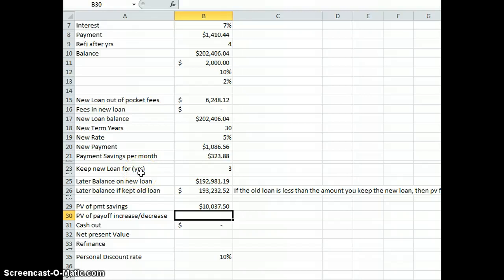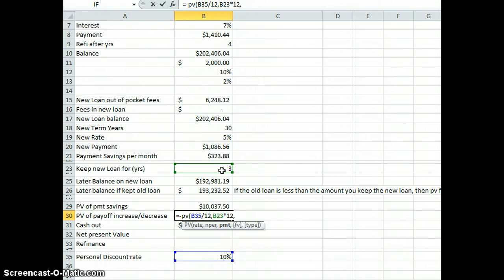And then we're just going to find the present value of the payoff. So we're just going to do negative present value, and then it's going to be this discount rate again. And the number of periods is going to be 23 times 12.